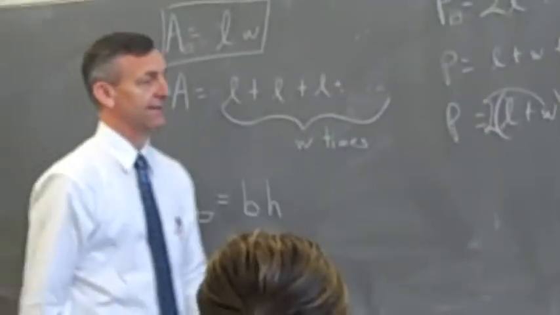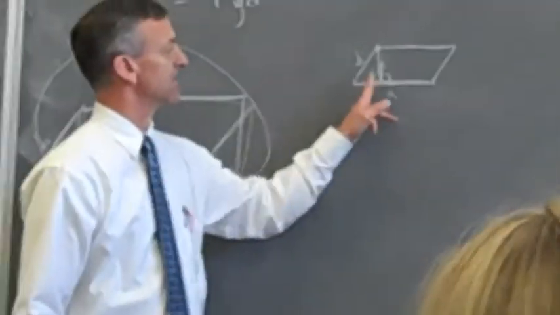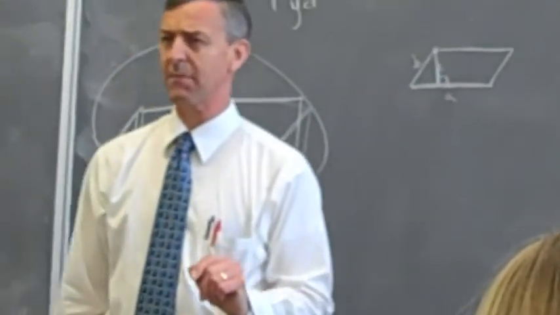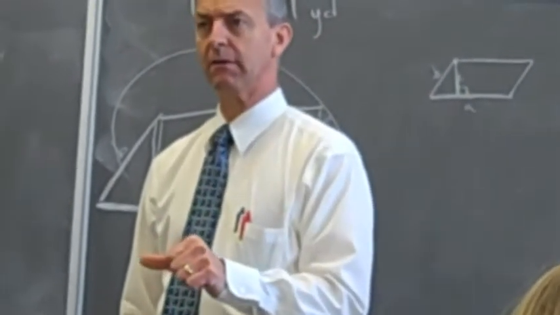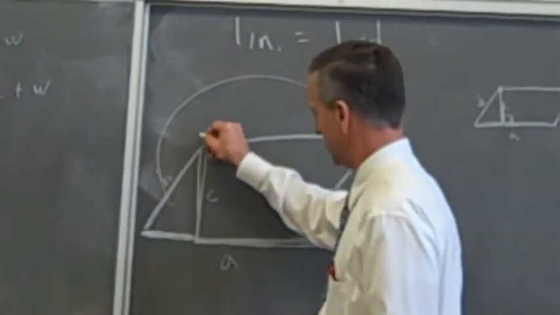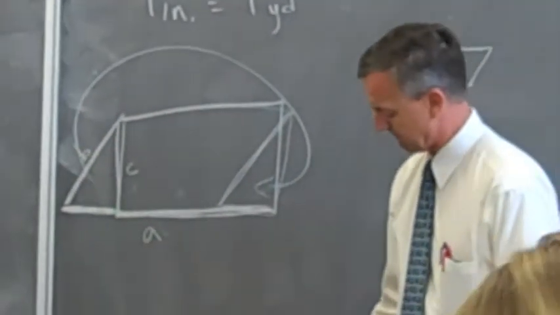We're going to go base times height. In this case, A is the base and C is the height. Does that make sense? But we can take it back to mama, right? By cutting one off, putting it over here.